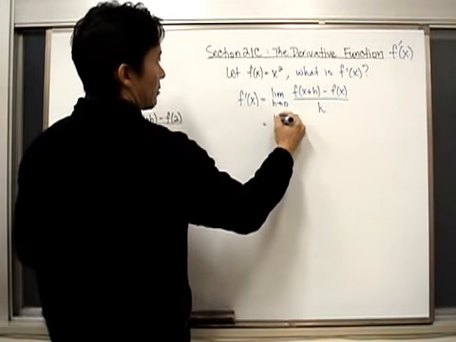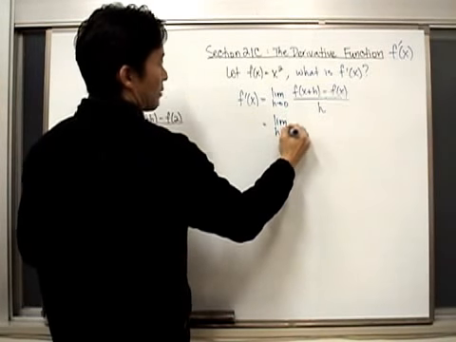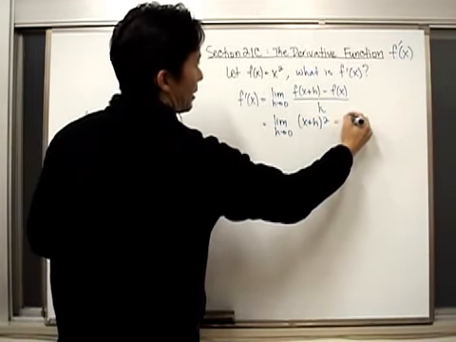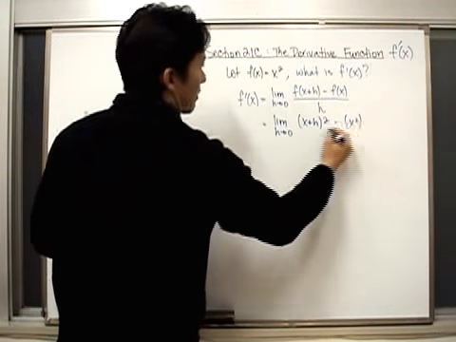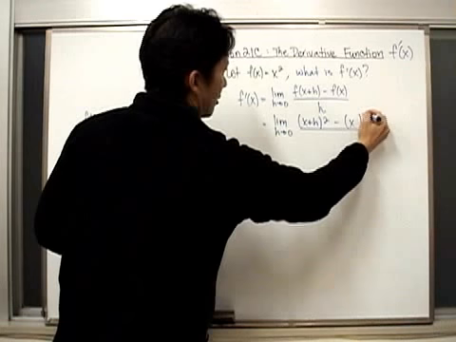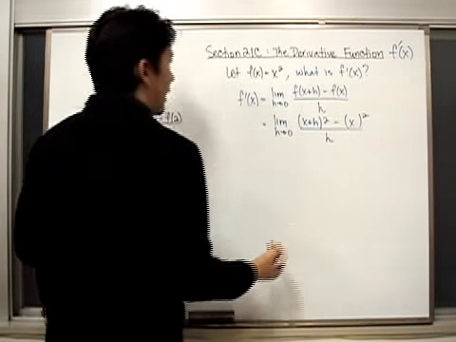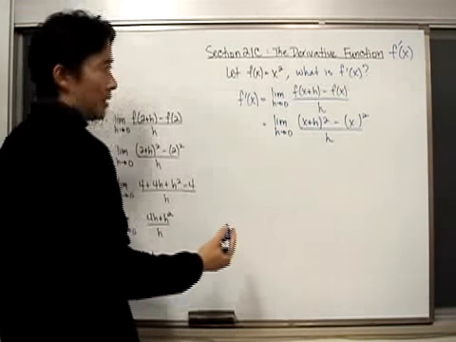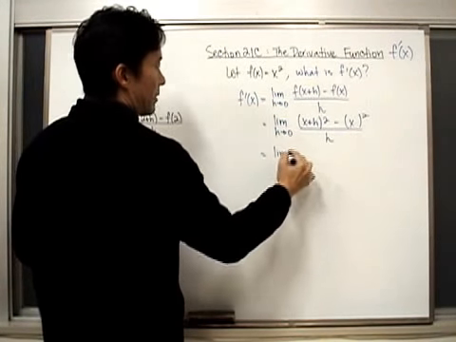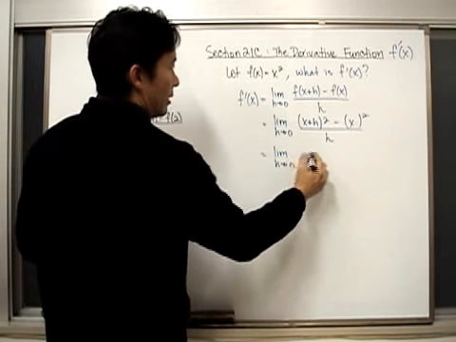So what we have then is the limit as h approaches 0. This is going to be x plus h quantity squared minus x squared. Oops, sorry, it's x squared. And this is going to be divided by h. Okay, so what happens then is we just do the same thing, the limit as h approaches 0.